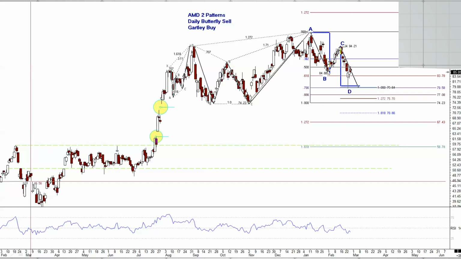And then I just cloned this line and dropped it over to where the C leg started. So you can see right here that this has potentially more time to fill out and fill in that symmetry.